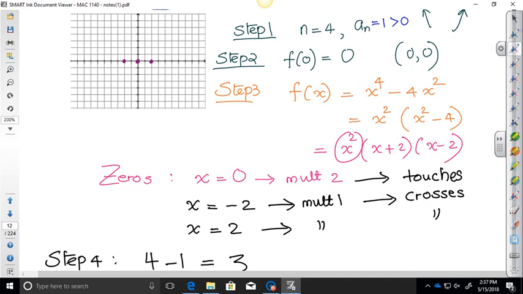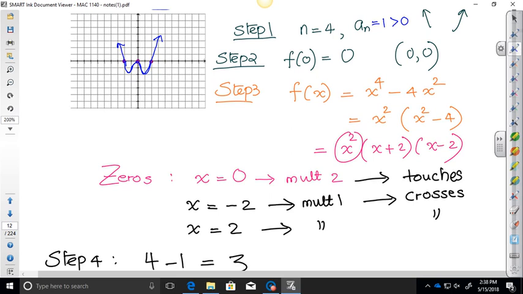I'm not doing an exact graph, only a rough sketch, okay? So I know this end goes up, so it comes down. Does it touch or cross at 2? Crosses, comes down, right? Then it comes back, it touches, then again it crosses and goes up. That's the graph. And how far this goes down, we don't know. So as long as it goes down, I'm good, okay?